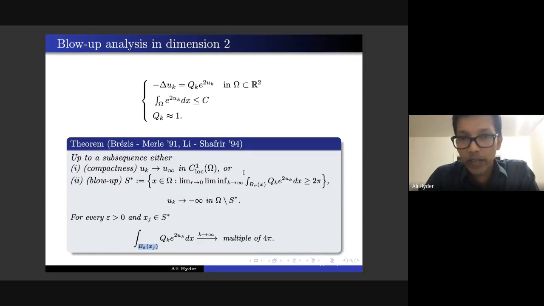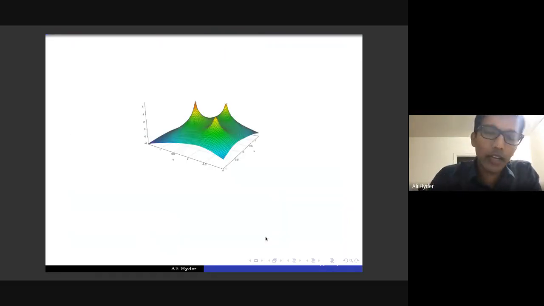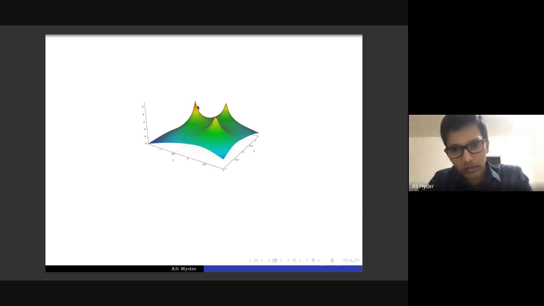Next I will explain why we get a blow up. Here the integral of the right hand side should be at least 2 pi, and then I will explain why the integral goes to 4 pi or a multiple of 4 pi. The picture looks like this. At this point u_k would go to plus infinity, this point goes to plus infinity, this point goes to plus infinity, and around each point the integral is like 4 pi.